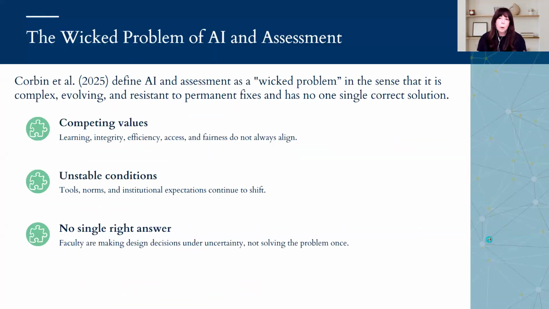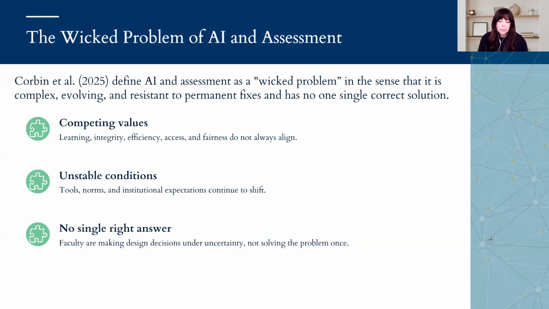All right, now one of the things we want to do to situate our workshop is to return to a framing that we used a couple of months ago for a workshop on AI assessment. So we're going back to this idea of wicked problems. If you weren't able to join us for that workshop, I'll contextualize it a little bit.